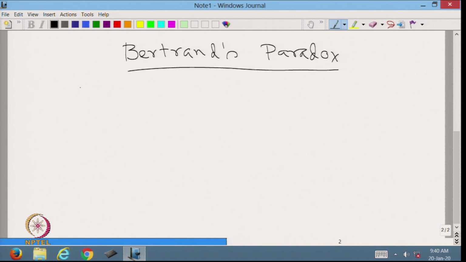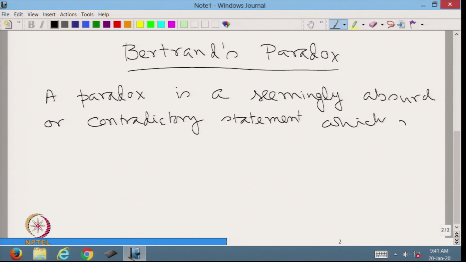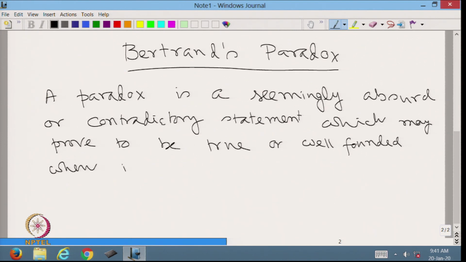Now, what is a paradox? A paradox is a seemingly absurd or contradictory statement which may prove to be true or well founded when investigated.